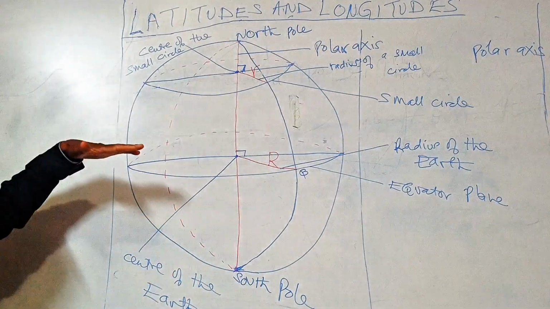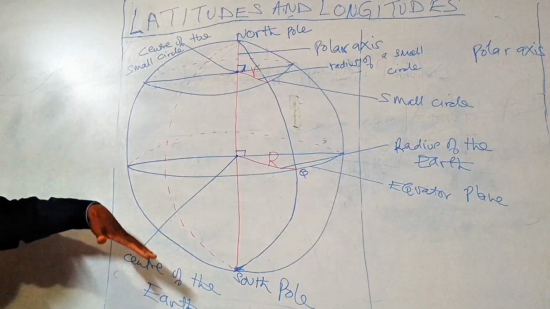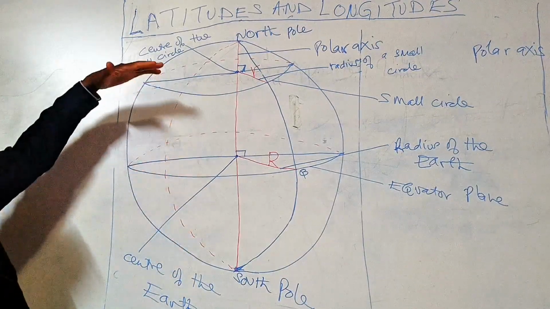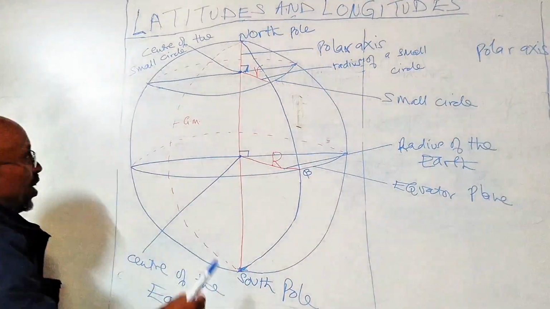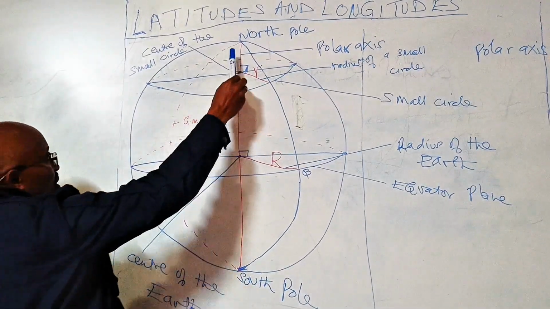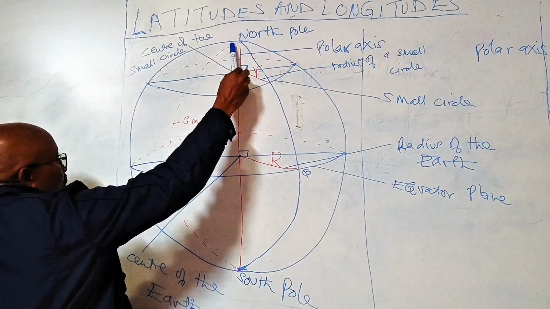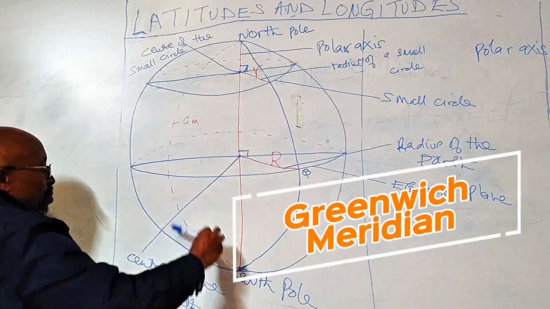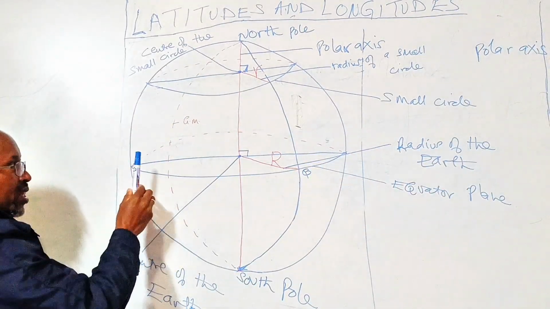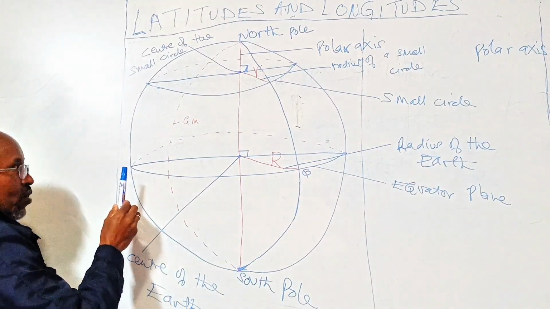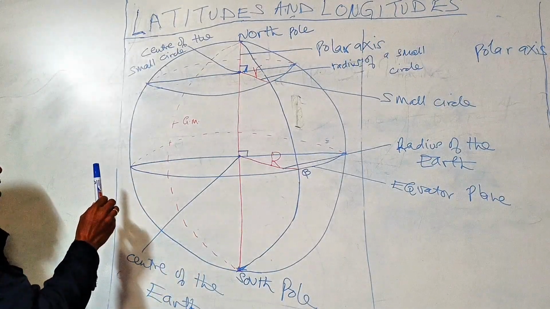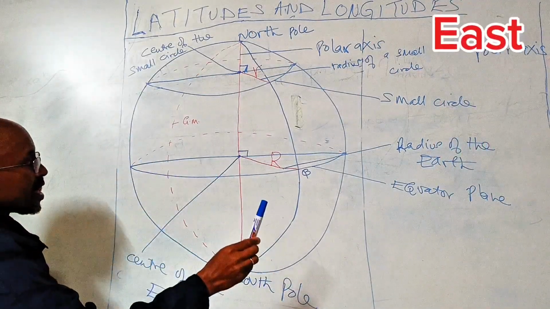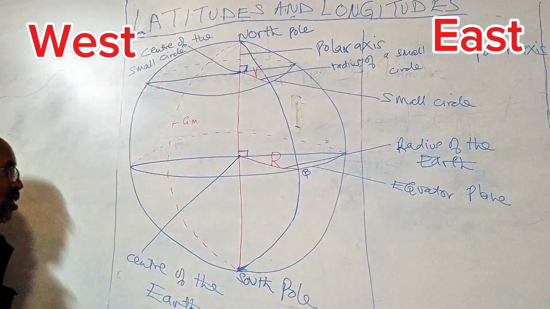They are all parallel to the equator, and we refer to them as latitudes north of the equator or latitudes south of the equator. For the longitudes, we have a meridian that we call the Greenwich meridian that passes through London. We use it as a standard from which all the other longitudes are either east or west of the Greenwich meridian.